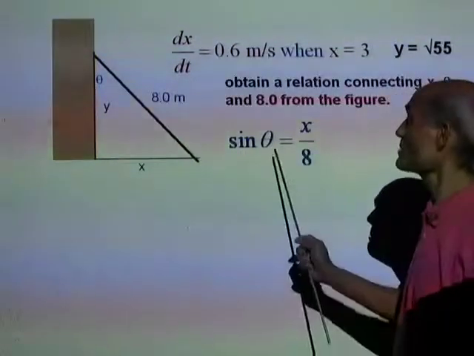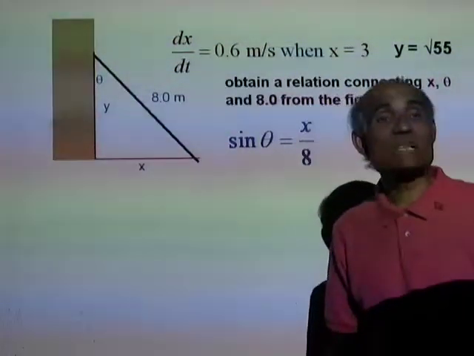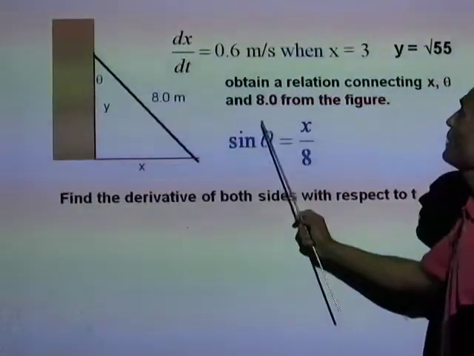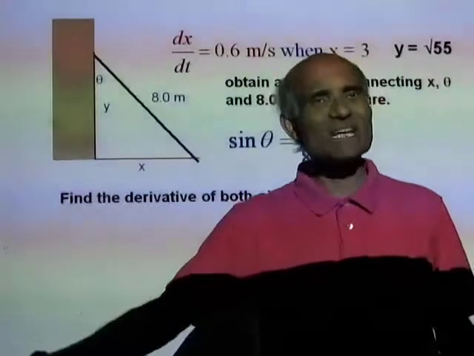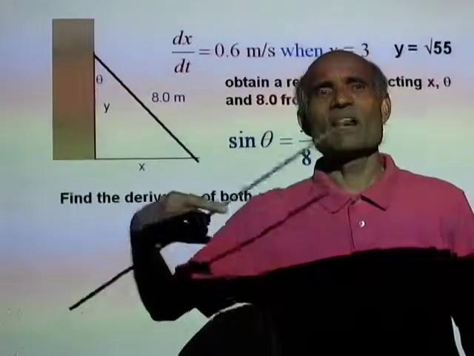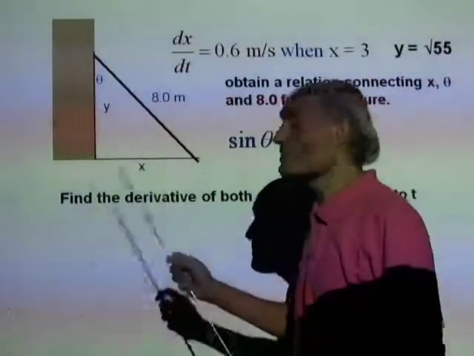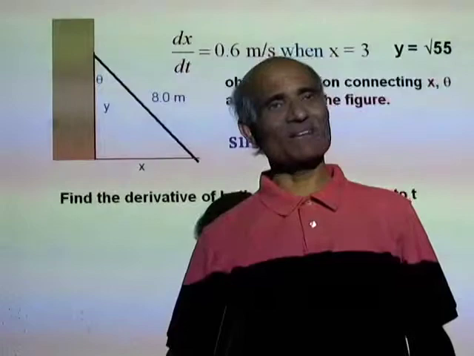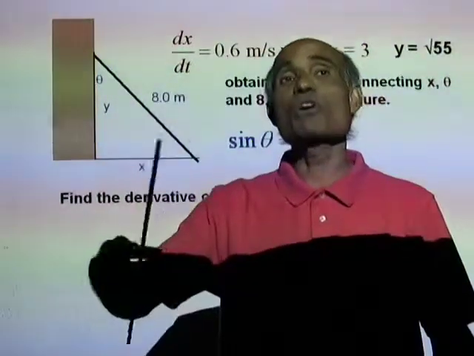So what we now need to do is find the derivative of both sides with respect to t. What is the derivative of sine theta with respect to t? I'm repeating this several times because I know at least one of you will have problem figuring it out. The derivative of sine x with respect to x is cos x.